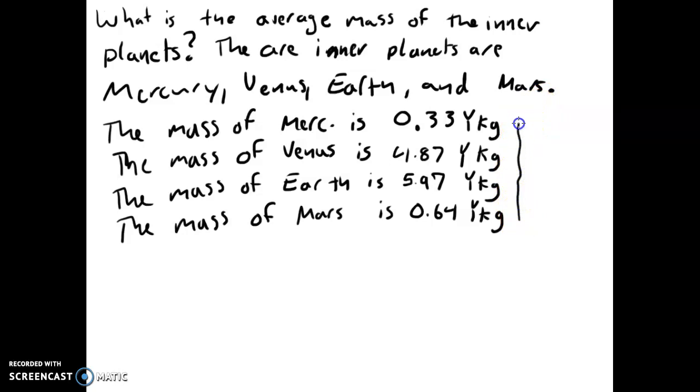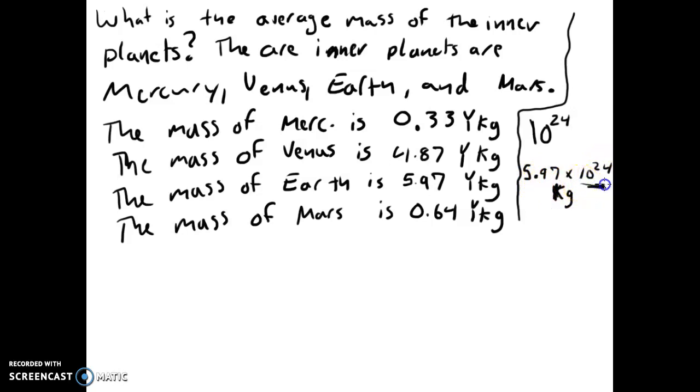A yotta kilogram is 10 to the 24th. So what I mean by that is, I said the mass of Earth is 5.97 yotta kilograms. Really, what I'm saying is the mass of Earth is 5.97 times 10 to the 24th kilograms.